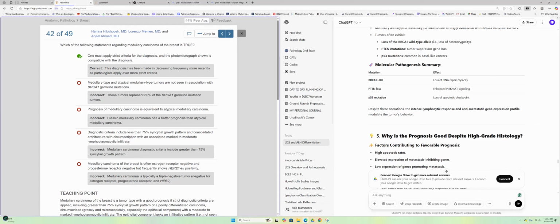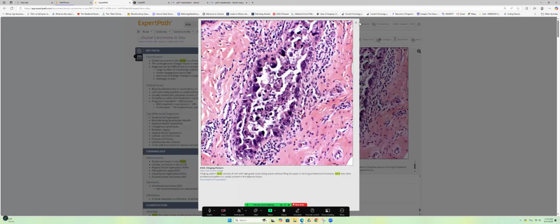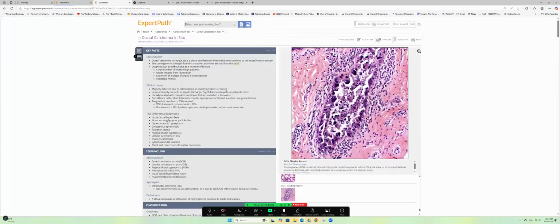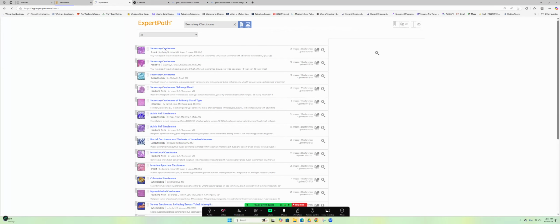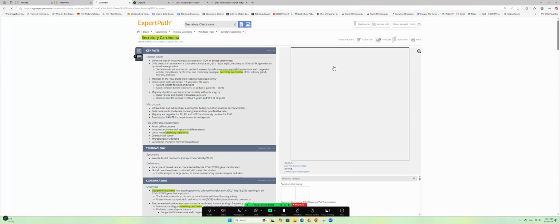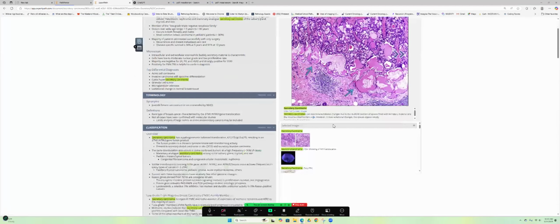That's the commonest breast carcinoma in young women. Secretory carcinoma. Wow, I really forgot. I didn't read this next question. The one you just answered. I've not answered it, I'm coming. Let me quickly. Secretory carcinoma.